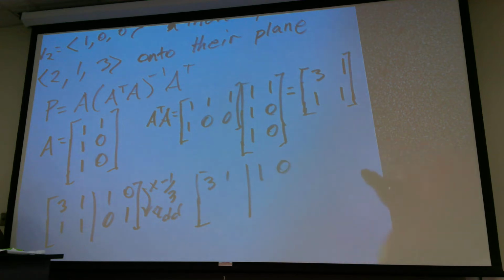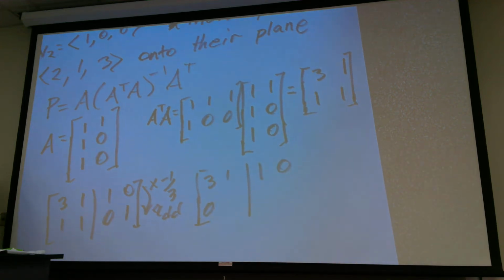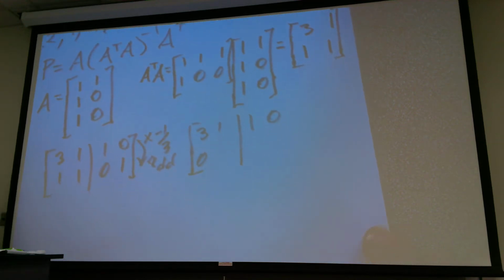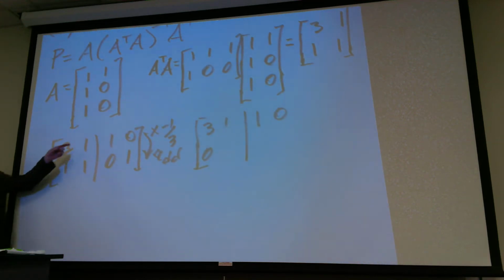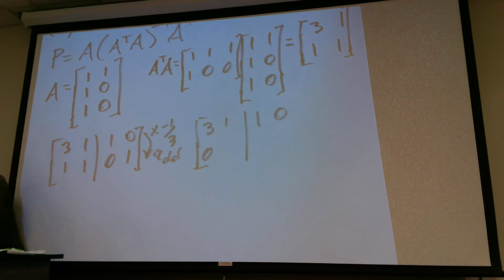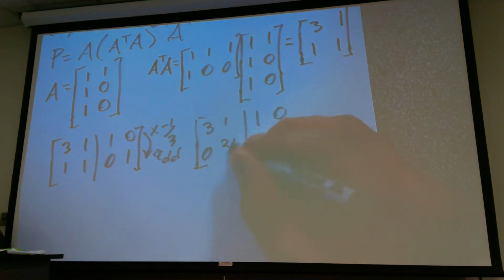Okay, so the top row doesn't get affected. The entire point of this is to turn that into a 0. All right, now if I take 1, I multiply it by negative 1/3 and add it to 1, that's going to give me a positive 2/3. And that would still be negative 1/3, and that would still be a 1.